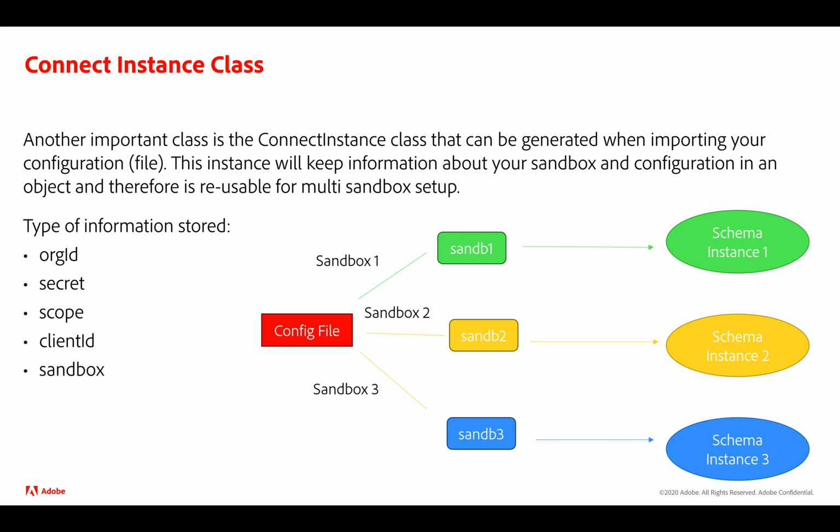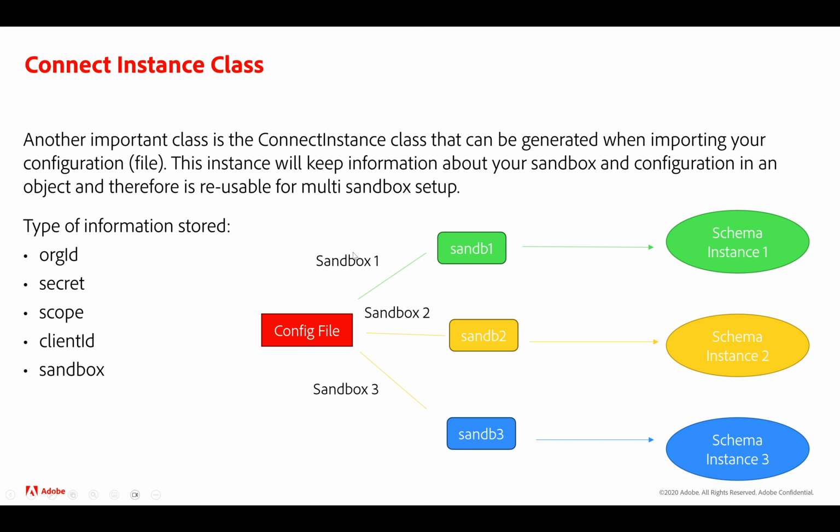We will see that in the different videos, but it is important to understand that you will be able to import a configuration and maintain that connection configuration into a single variable. You can then pass it as a variable, which is in that case sandbox 1. You can have another one which is sandbox 2 and another sandbox 3, and pass it to the same class to create a connection.